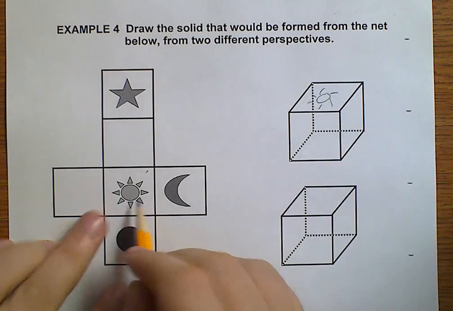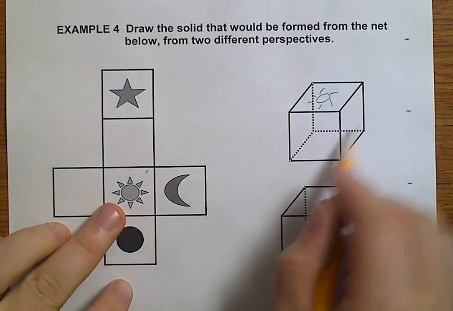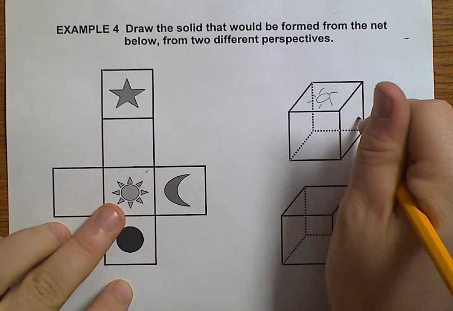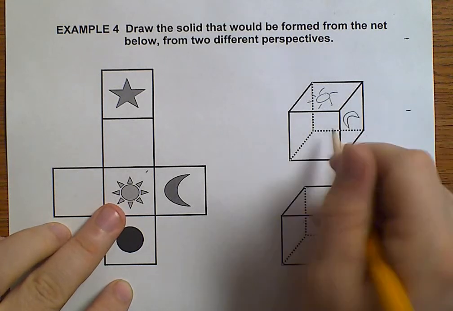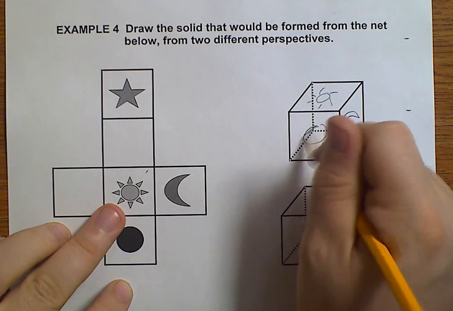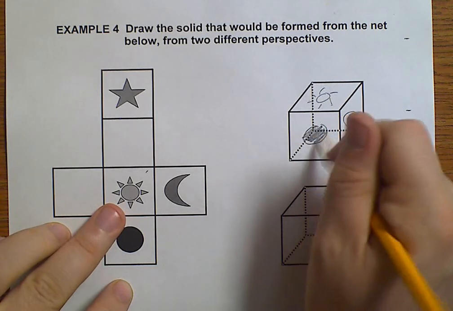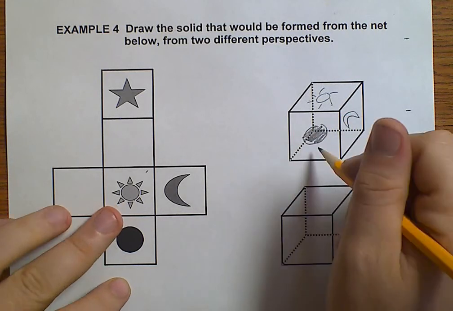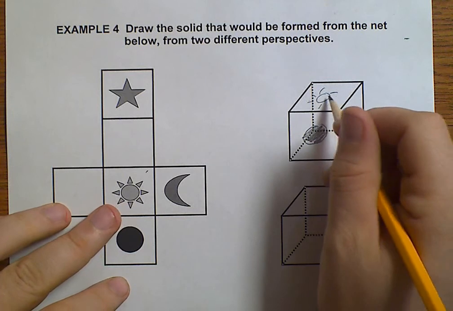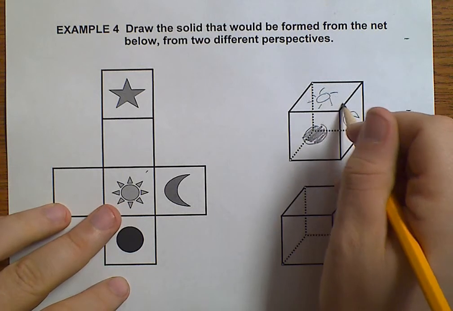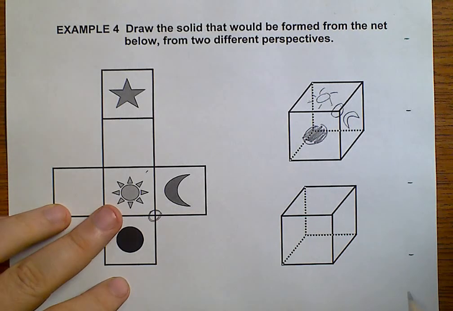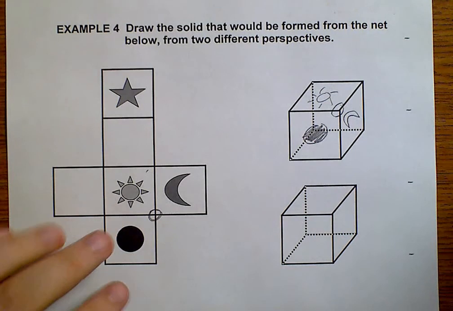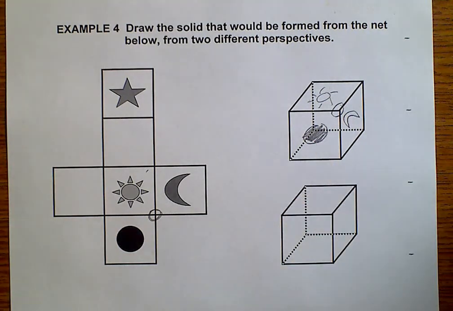Now my sun on one side has the curved moon, and the curved moon touches the dark circle, which touches the sun. And so this is this corner right here. Okay. Well, now I need to draw not this corner, but a different corner.